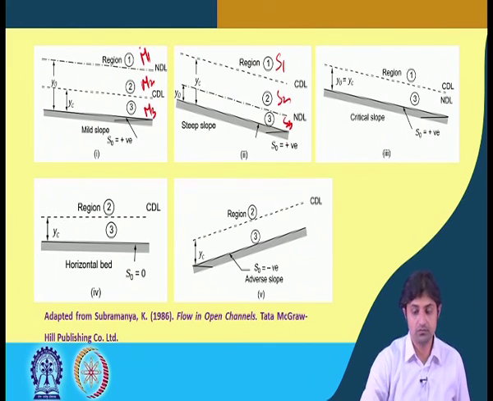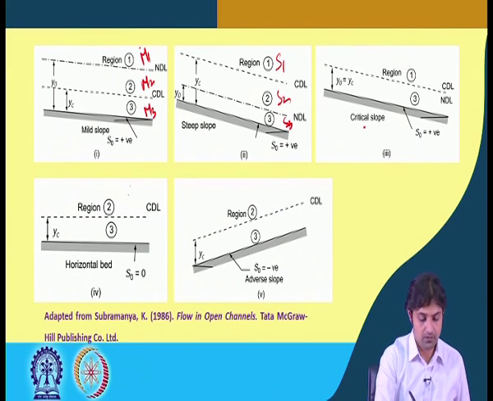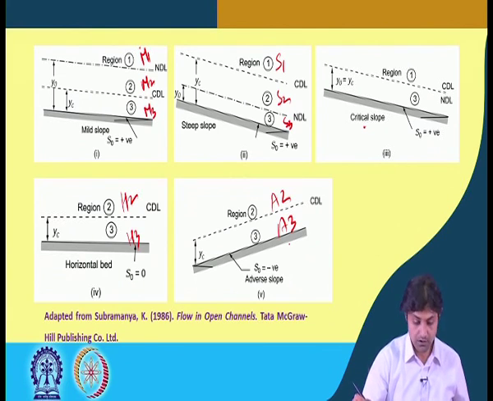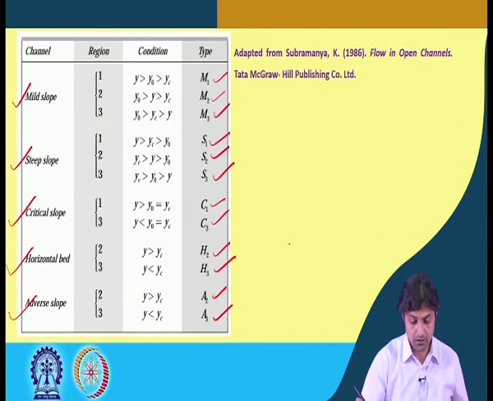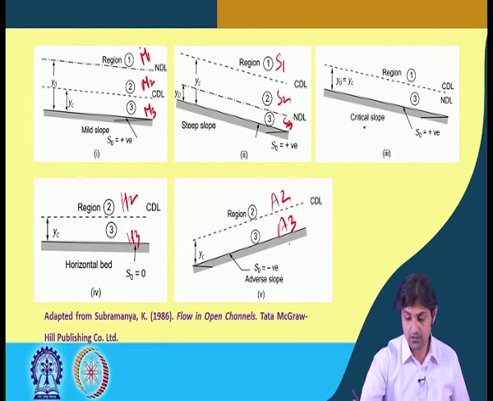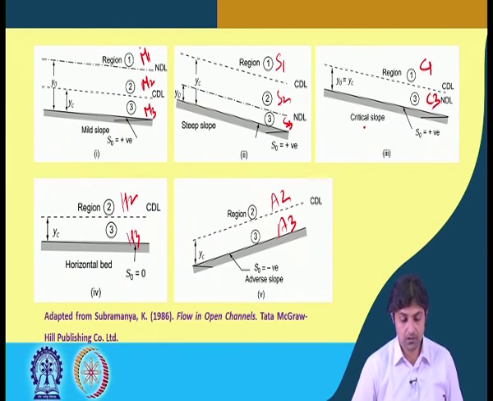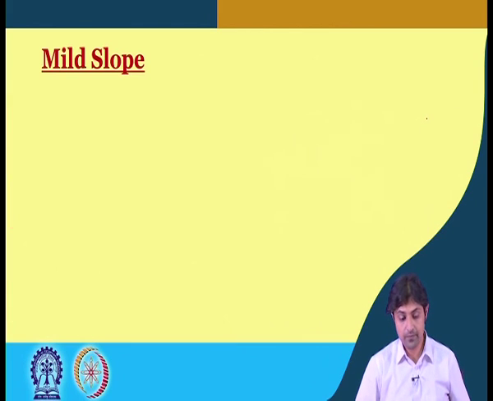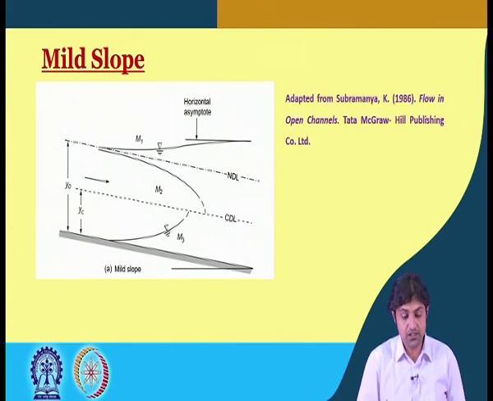And so on. Here H2, H3, A2, A3, and this is C1 and C3. So, this is a figure showing mild slope.